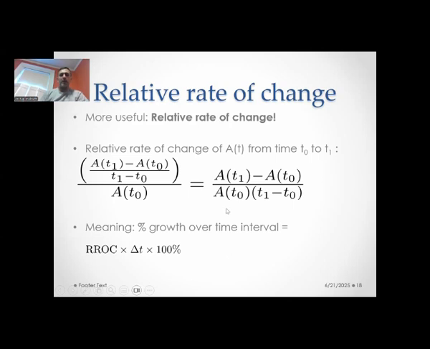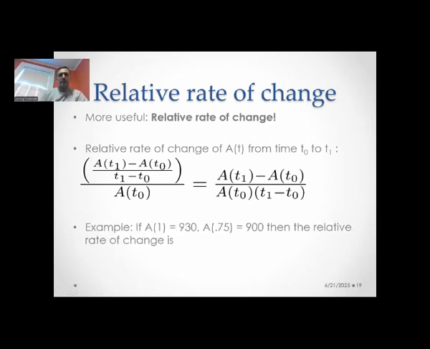The practical meaning of this formula is this valuable information of the percentage growth, as we've done many times in prior videos, over this time interval: this relative rate of change times change in time, just turned to a percentage by times 100%.